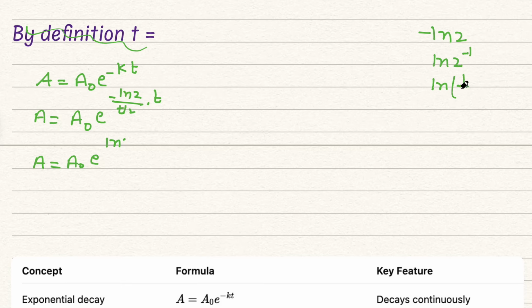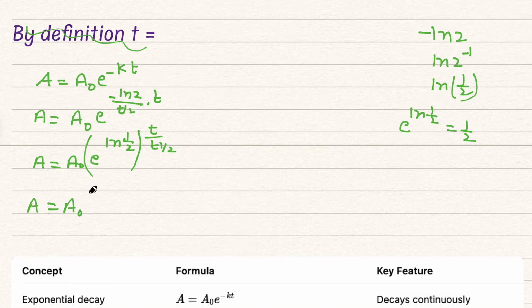So it is natural log of 1 by 2 in one bracket, and t divided by half-life time. Again, e to the natural log of 1 by 2 is equal to 1 by 2. So A is equal to A naught times 1 over 2 to the power t divided by the half-life time of that substance.